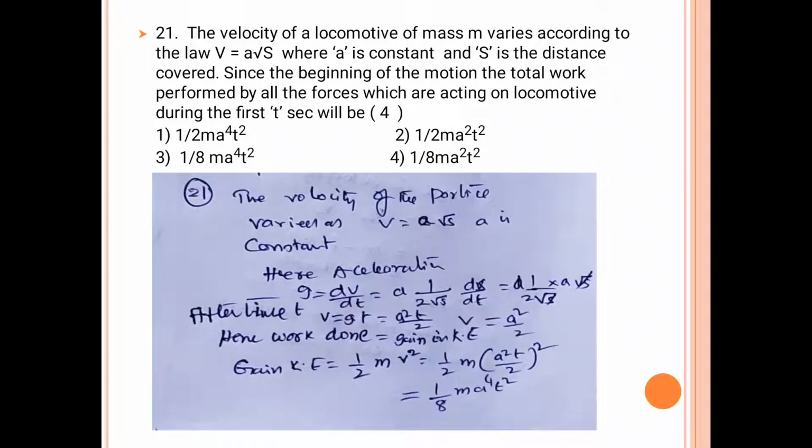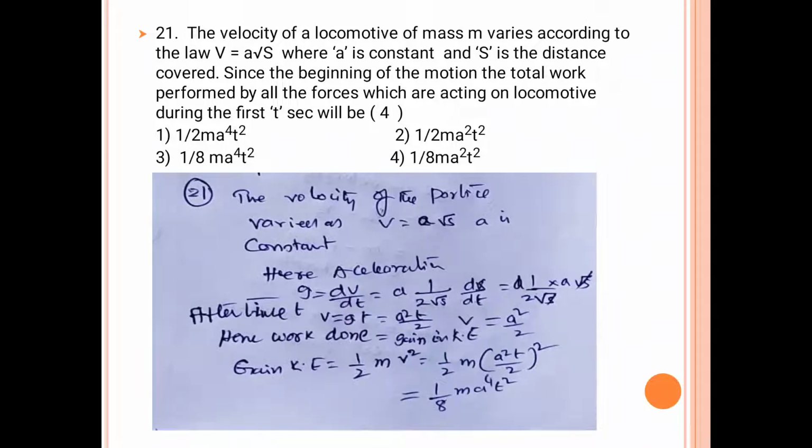I have used the technique of gain in kinetic energy, as energy is nothing but the capacity to do work. The work done by this is nothing but the gain in kinetic energy that the locomotive has acquired during this displacement. If you understood, that is very easy.